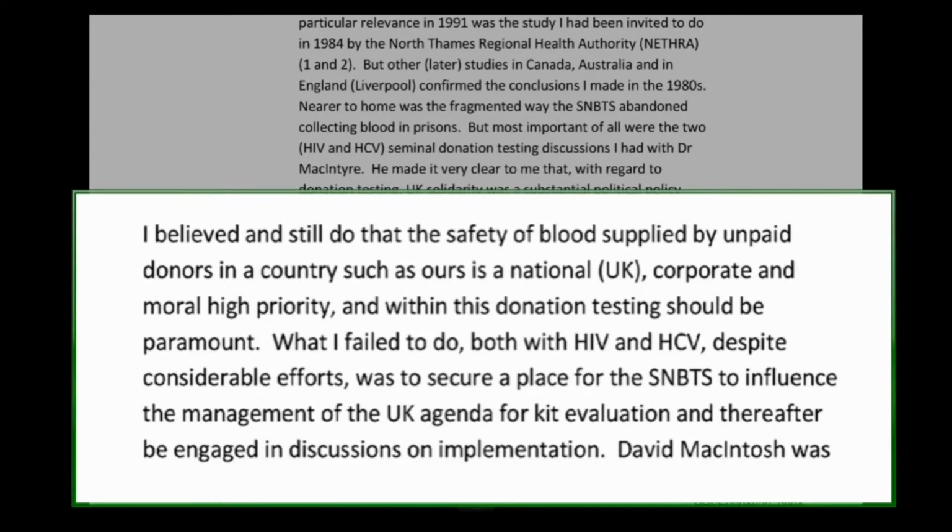As I say, I'll pick up some of the more concrete interventions of Professor Cash in relation to those issues, but particularly in relation to the introduction of hepatitis C screening in due course.